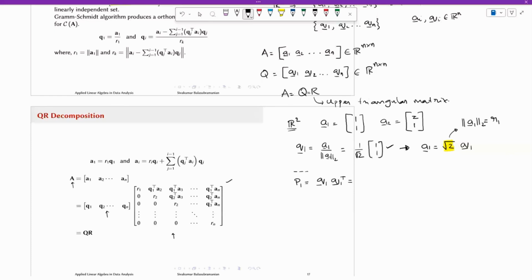Yeah, what is it? It's a column multiplied by a row. What did you get?